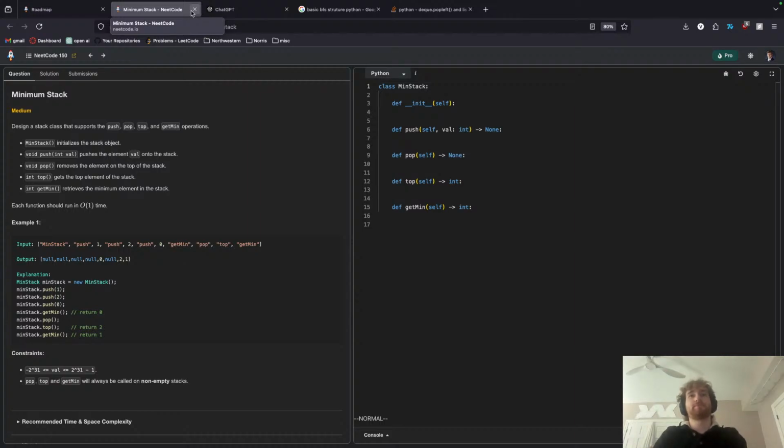Okay. This is implementing a stack. So just design a stack. Okay.